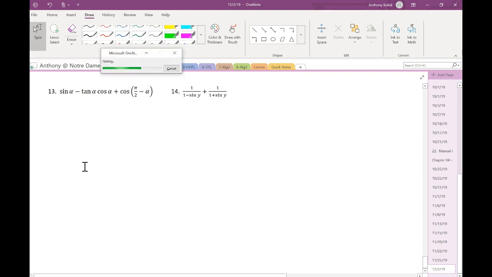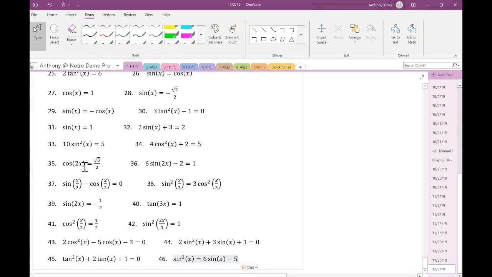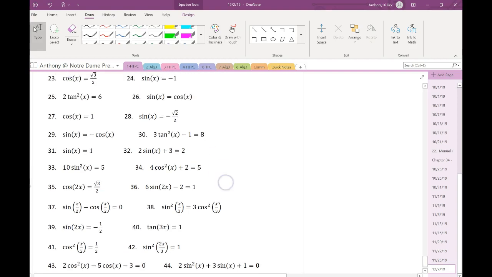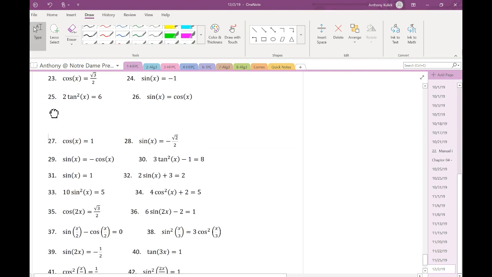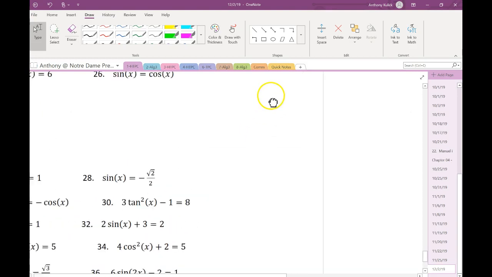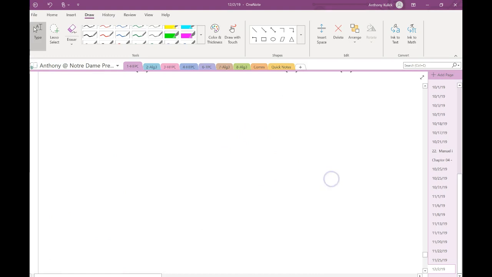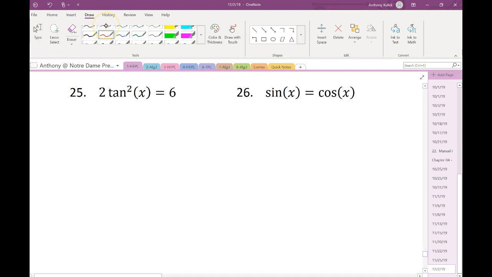Isabel, I think I just give you one interval to solve over. I don't remember specifically, but okay. And you were interested in 25, you said, right? So, first thing you should do is divide by 2.